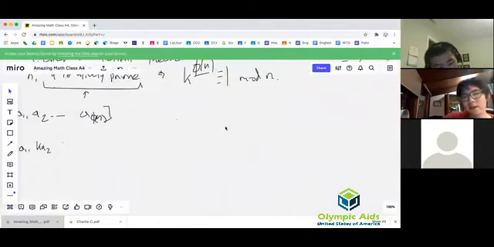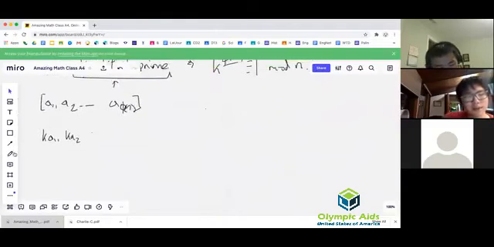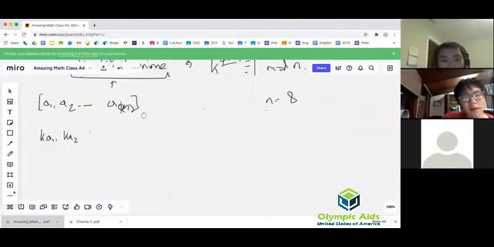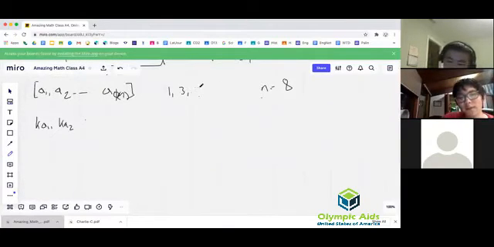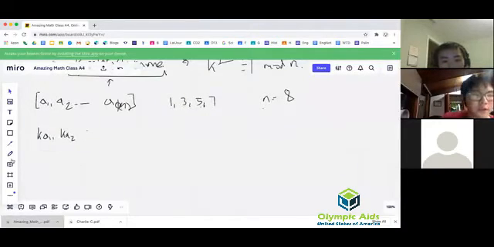Actually, I'm going to go through a concrete example to make this more clear. If n equals 8, then this set will be 1, 3, 5, 7, because 8 is divisible by 2, so every odd number is relatively prime to 8. So totient of 8 is 4. You have 4 integers here.